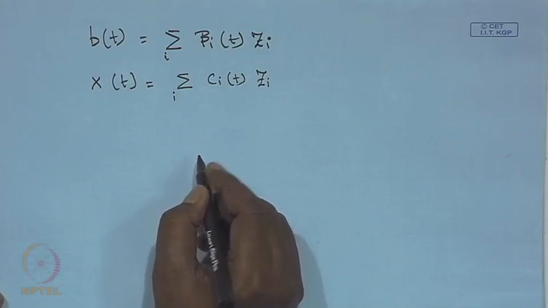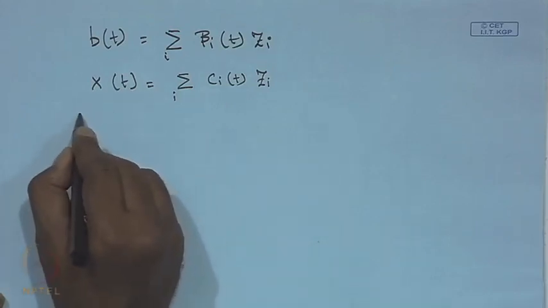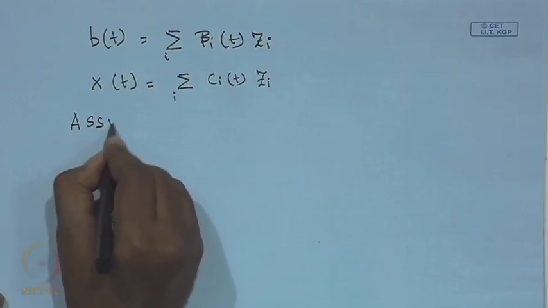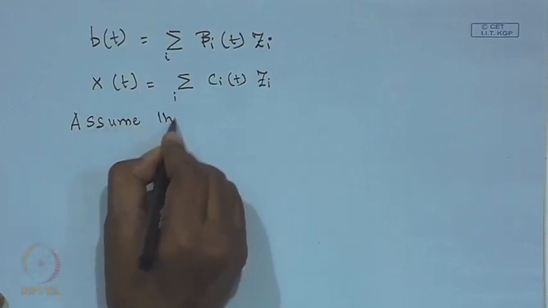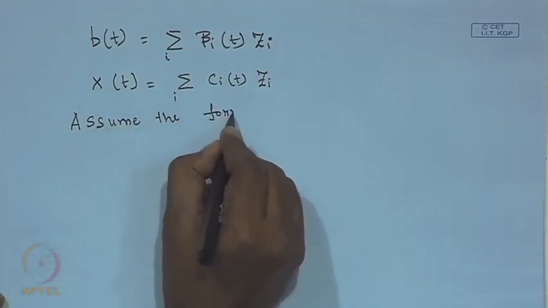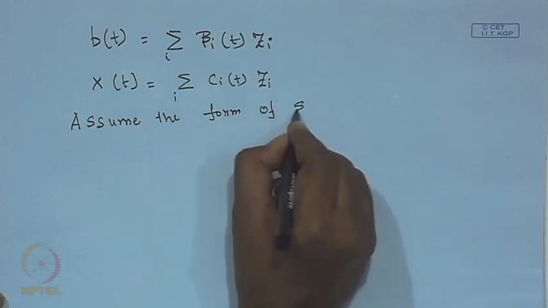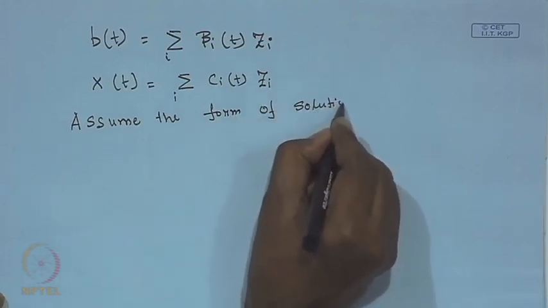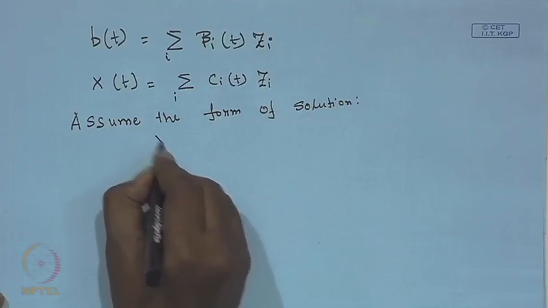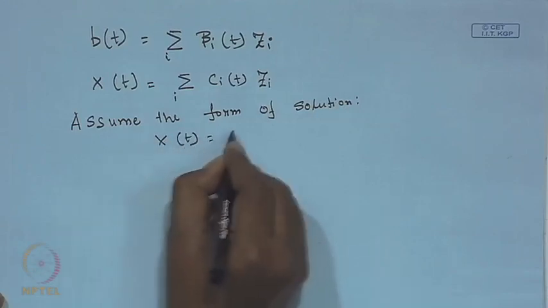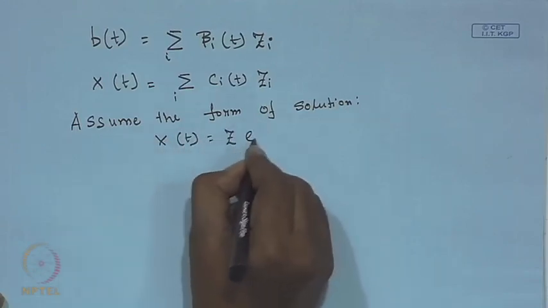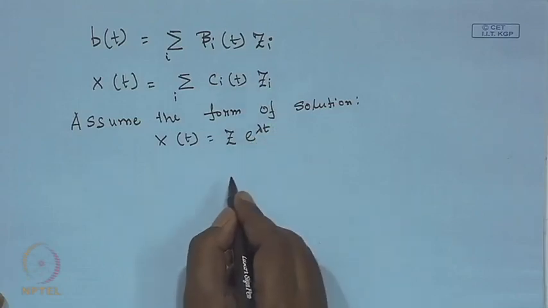So, we assume the form of the solution as x(t) equal to z e to the power lambda t.